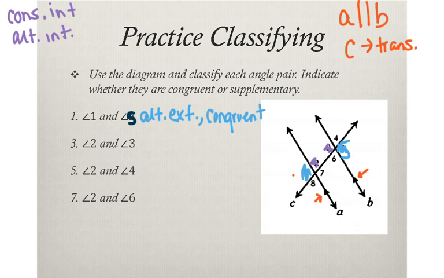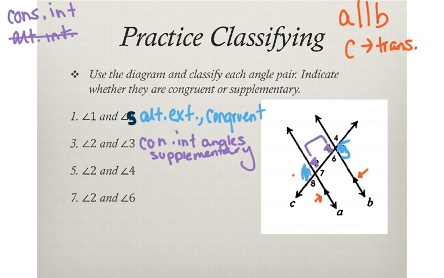So now I'm going to ask myself, are they on opposite sides of the transversal or on the same side? Well, they're on the same side, meaning I'm only limited now to consecutive interior angles. And consecutive interior angles have to be supplementary. Okay, one other thing you guys can do is do the little bar and then equal sign 180, if that helps you too in seeing that.